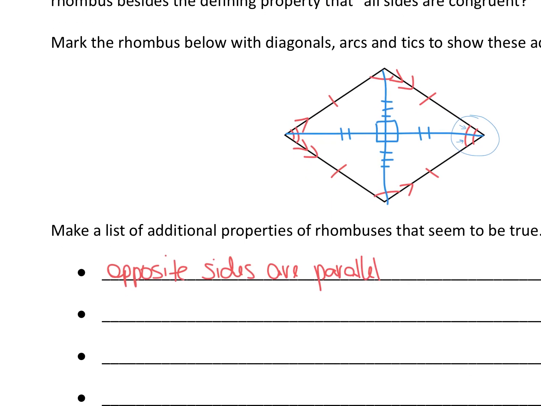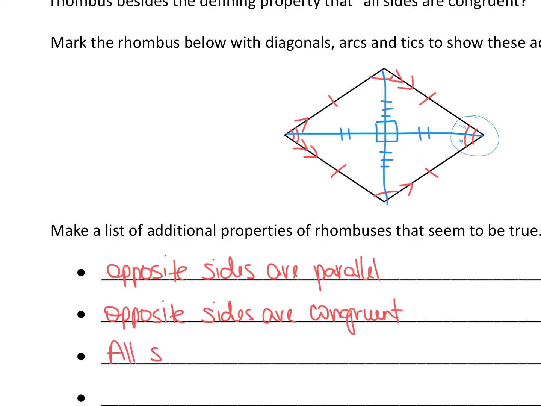So I'm going to list both of those. Opposite sides are congruent, and all sides are congruent. Okay, so all sides are congruent is more correct than opposite sides are congruent, but we can have both.